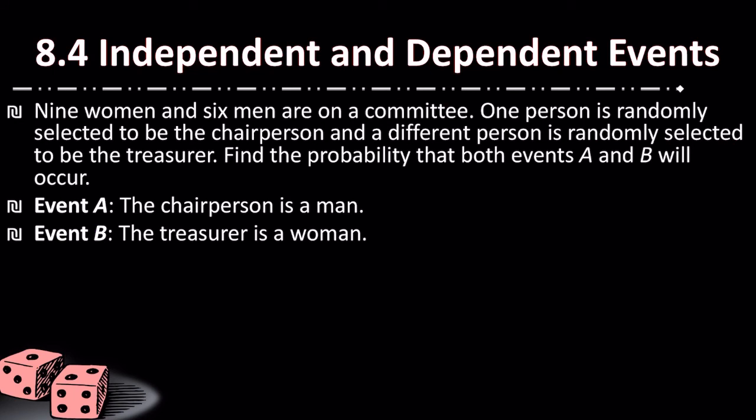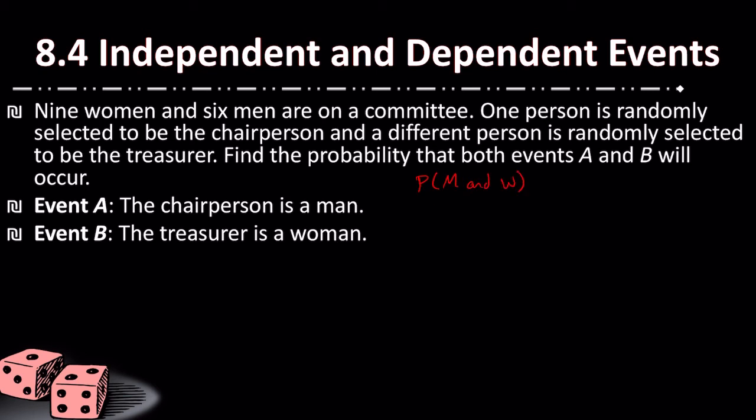All right, 9 women and 6 men are on a committee. One person was randomly selected to be a chairperson and a different person was randomly selected to be the treasurer. Find the probability that both events A and B will occur. All right. So we want the probability that the chairperson is a man and the treasurer is a woman.